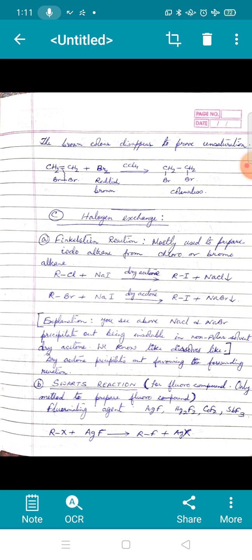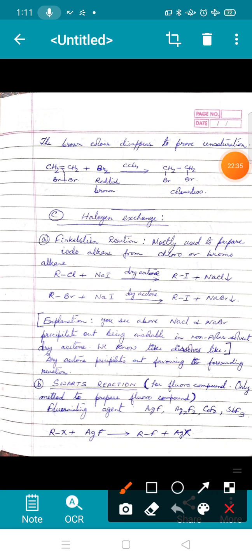So that is the importance of using acetone. Acetone is a non-polar compound, and sodium chloride and sodium bromide are polar compounds, and we know that like dissolves like. So a non-polar solvent will not dissolve polar compounds, so they will precipitate out. I hope it is clear.